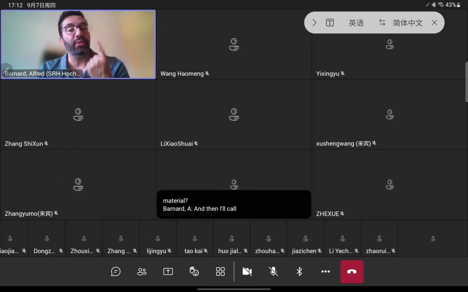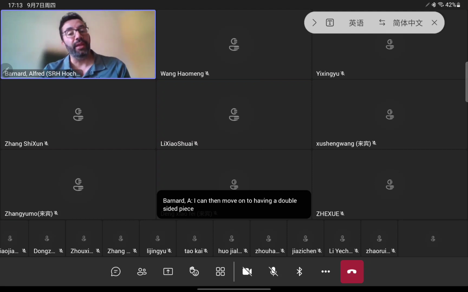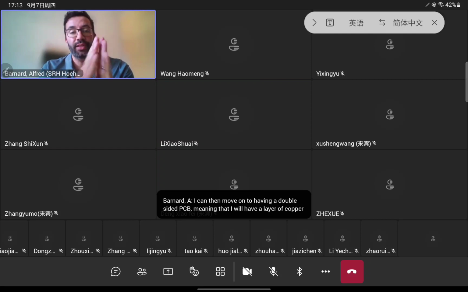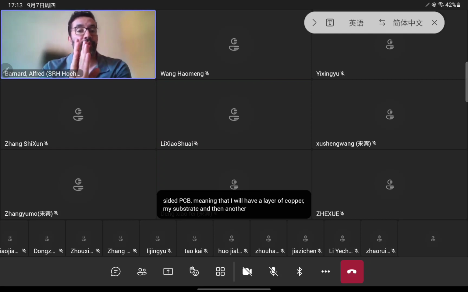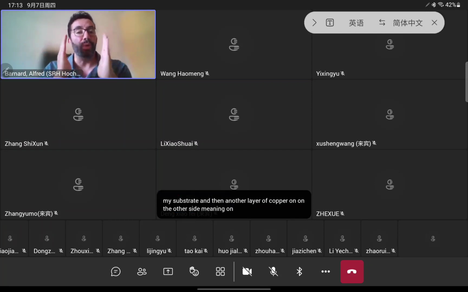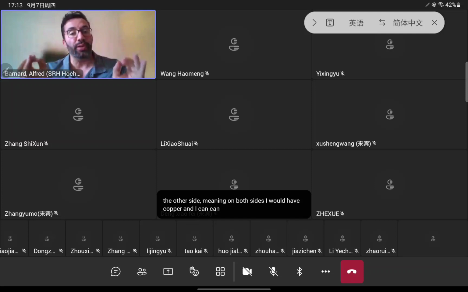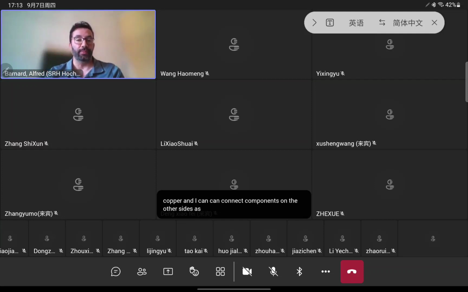And that I call a single-sided PCB. I can then move on to a double-sided PCB, meaning that I will have a layer of copper, my substrate, and then another layer of copper on the other side. Meaning on both sides I would have copper, and I can connect components on the other sides as well.